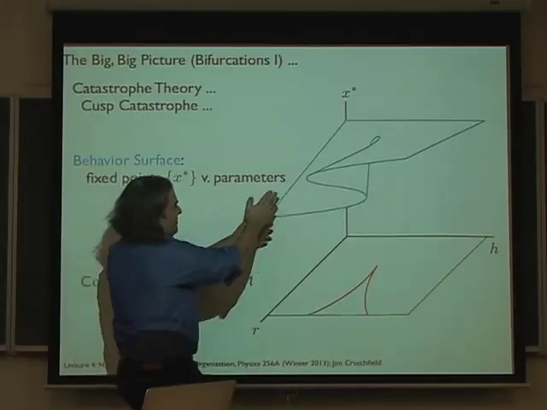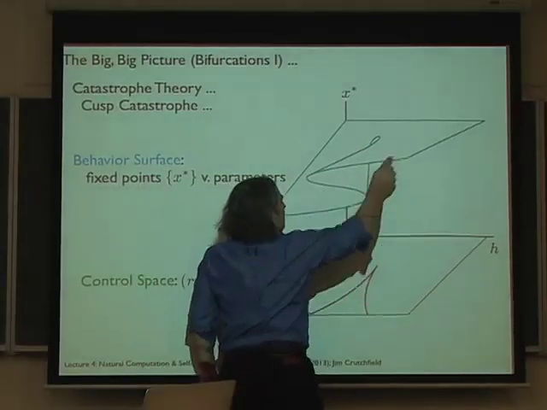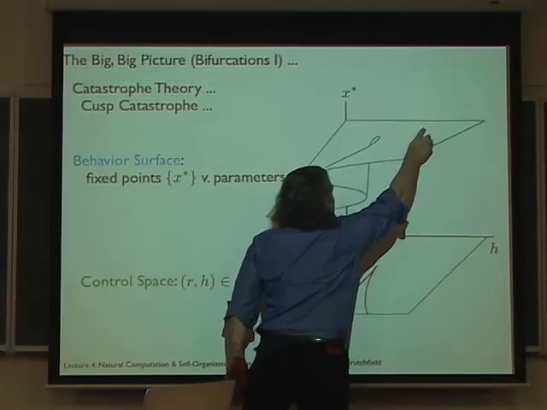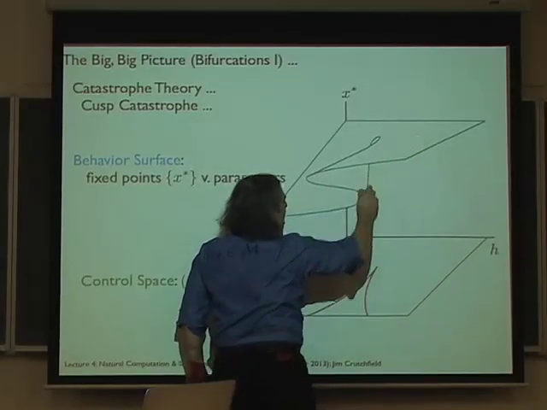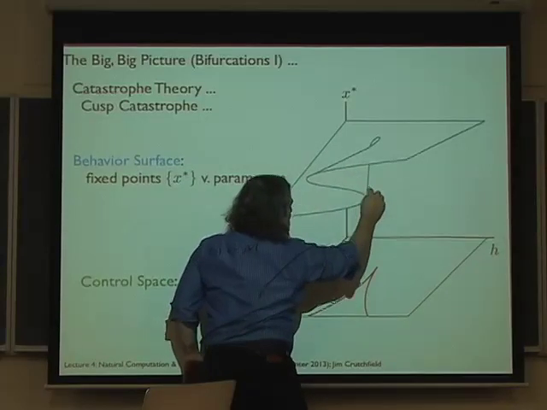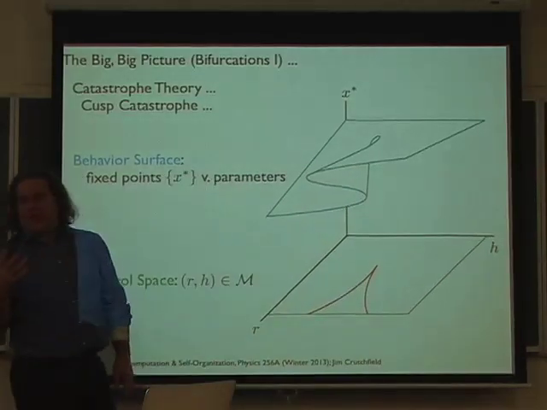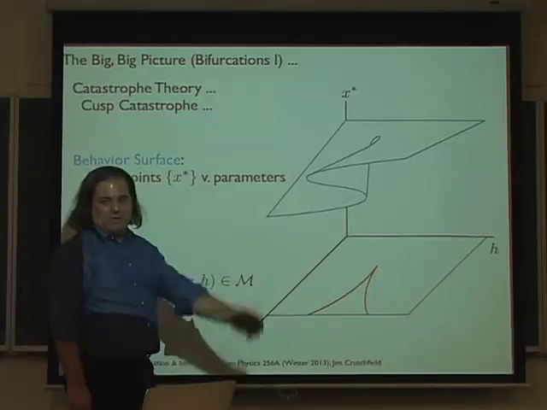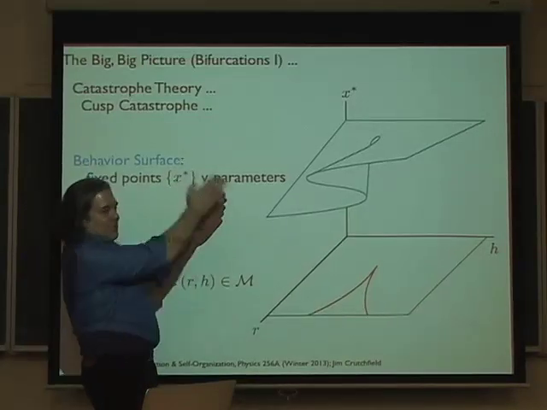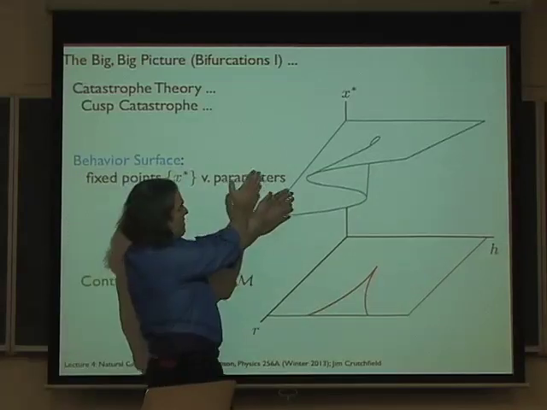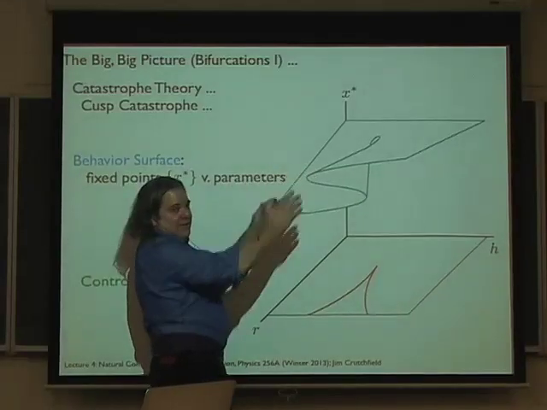Then for a positive h value, like I said before, if I was increasing r, there's just a little bit of shift of the position of the fixed point at the origin, and then down below, there's a slice that cuts through here, I would have an unstable and a stable branch, a saddle node bifurcation. Okay, so you have to ponder this a little bit. The vertical slices were the kind of bifurcation we were dealing with before. Now we want to think of that as a surface.